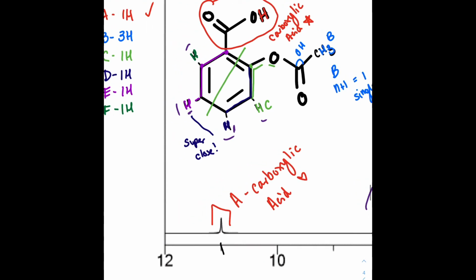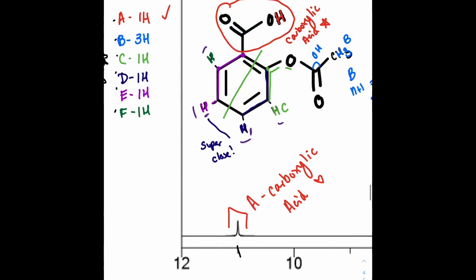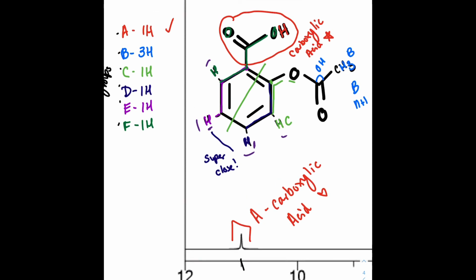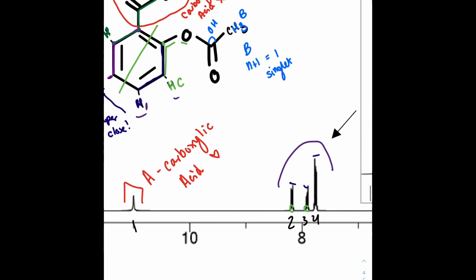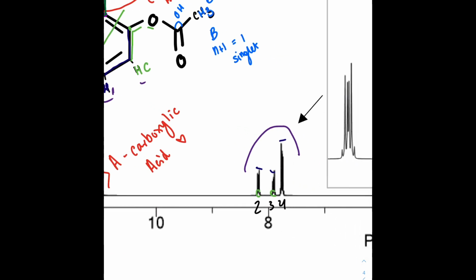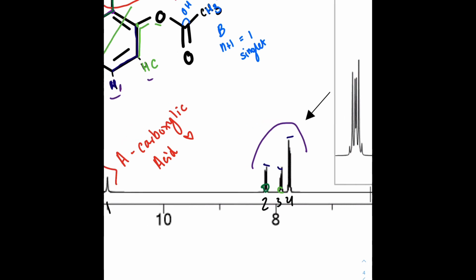Then I'm going to go over to our F, and F is similar to C in that it's attached to this carbon, which is then attached to this carboxylic acid, which has 2 oxygens. So all of this big carboxylic acid group is going to cause more shielding and therefore more downfield shift. So I can say confidently that this is group D in this peak.